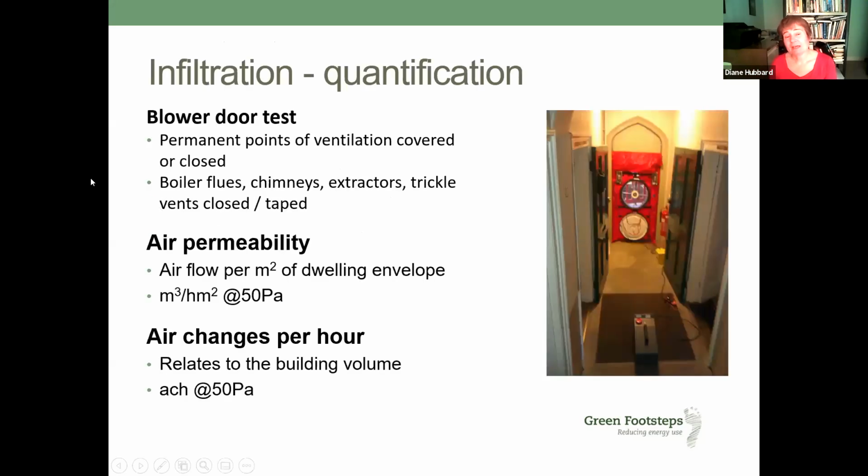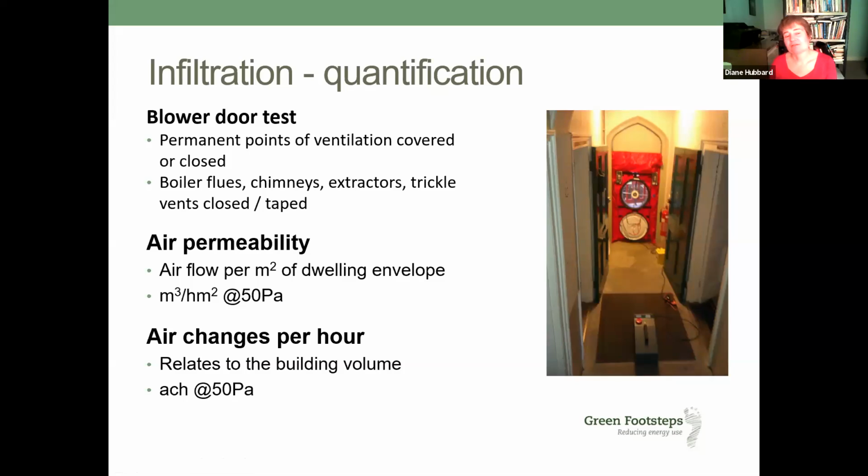If we think a bit more now about how we quantify infiltration. So just to recap, infiltration is what is happening under normal circumstances, and air tightness is trying to quantify that infiltration.